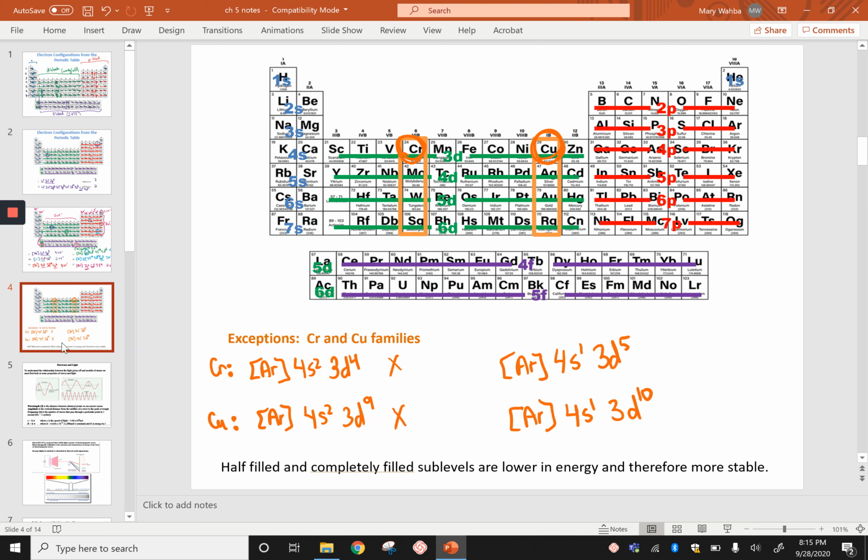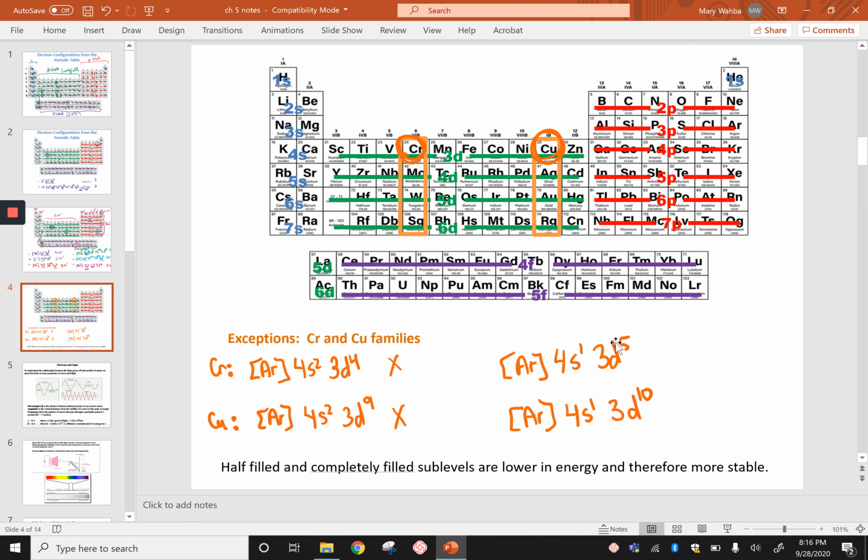Well, for these, instead of the s being filled up with 2, it only gets 1 electron. And instead of the d having 4, it has 5 electrons. So it seems like the s's just get 1 and the rest of them go into the d's. If you add them together, you get 6 total, whether it's here or here.